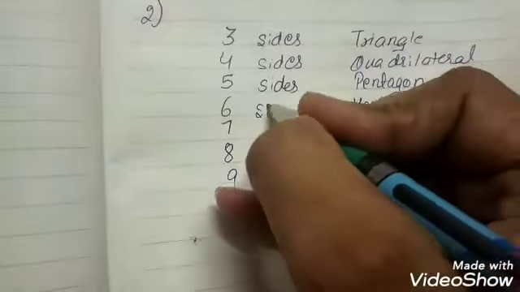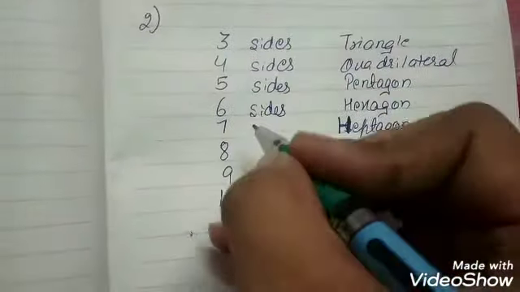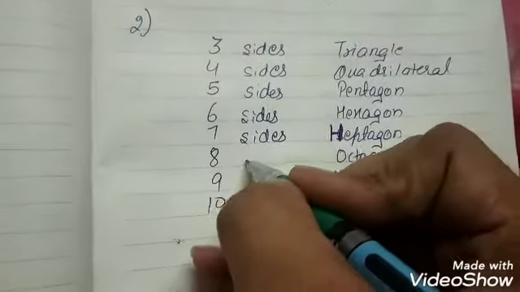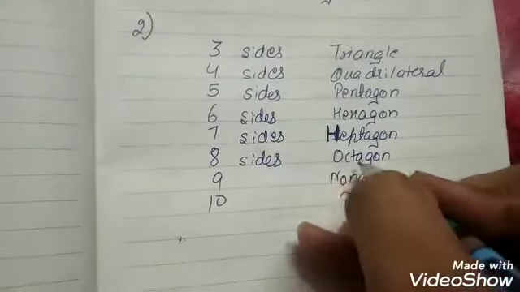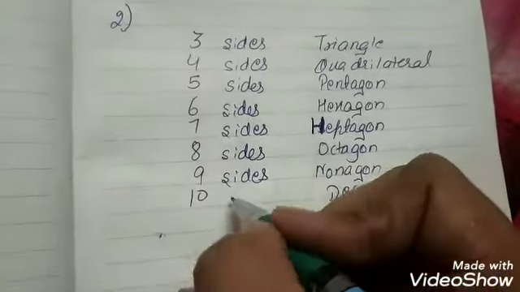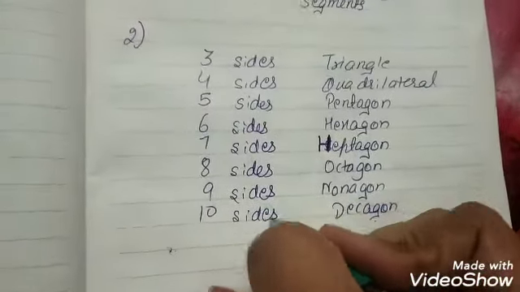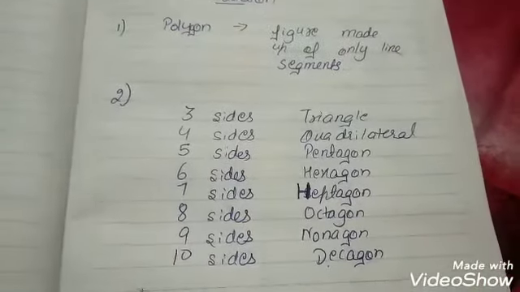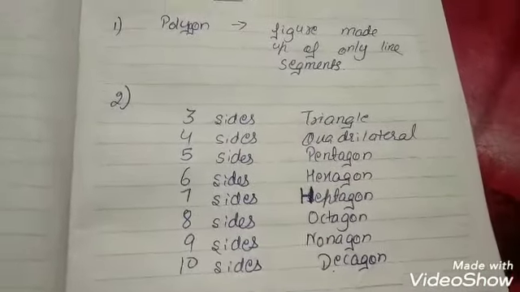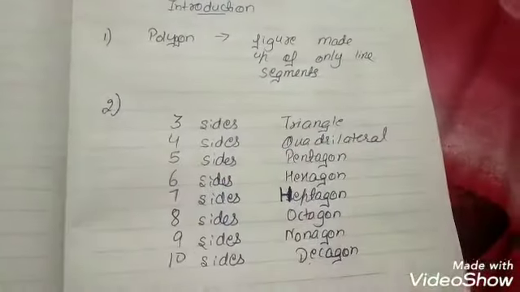And then 6 sides we have the name as hexagon. 7 sides is called heptagon. 8 sides is called octagon. 9 sides is called nonagon, and 10 sides is called decagon. Although there is no relation, but still you should know the different types of polygon.